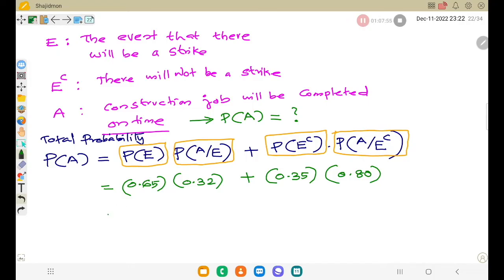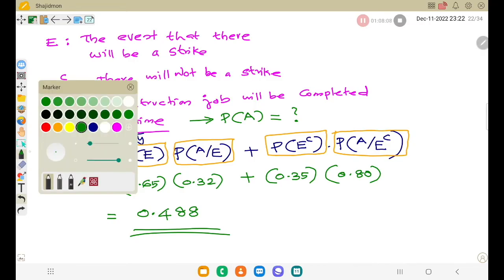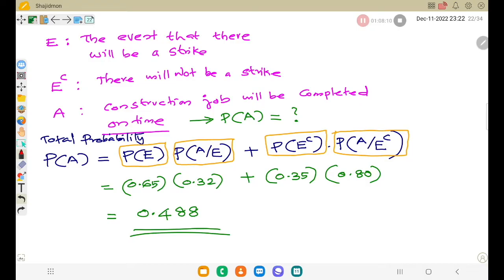So what answer are we getting? It equals 0.488. This is the total probability that the construction job will be completed on time. Hope you understood that, correct? Here we are not applying Bayes theorem; we are applying the total probability rule.